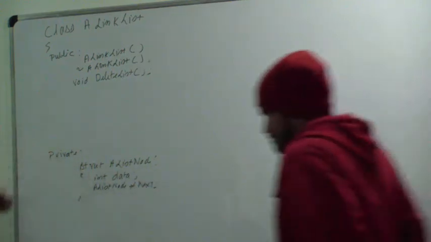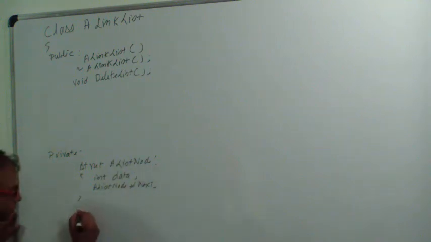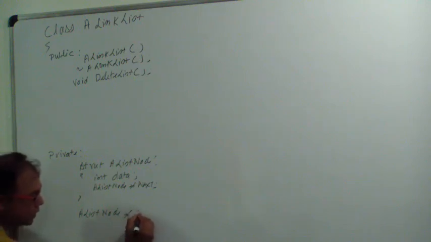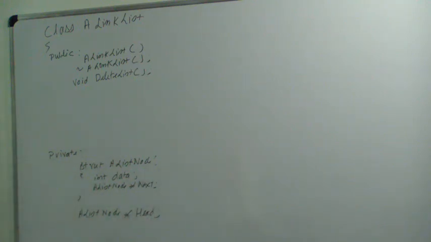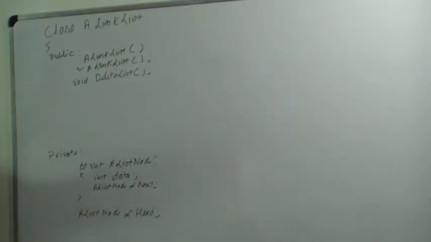So this is the structure, and you will have a head, because you need a starting point. So we will write a ListNode star head. This will be the head of the linked list, right? Now we'll start writing the functions. We'll slowly build this up.